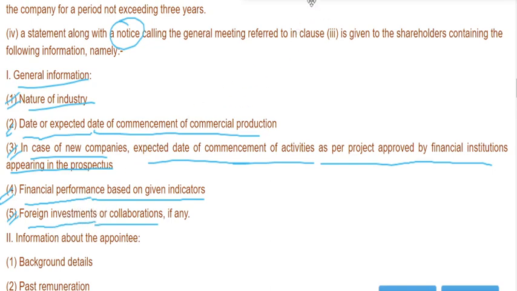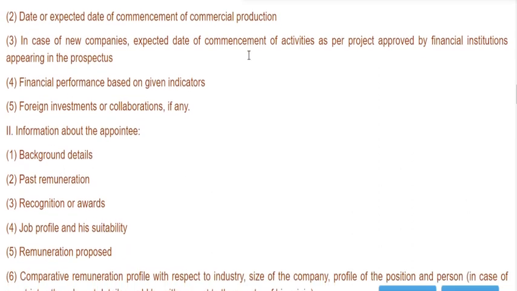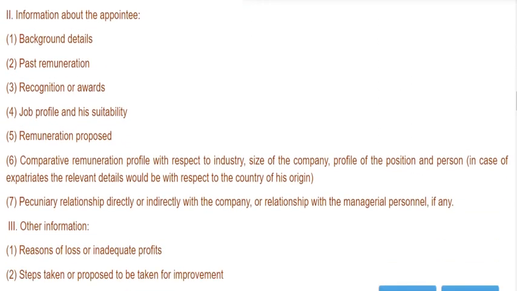Information about the appointee: background details, past remuneration, recognition or rewards, job profile, his suitability, remuneration proposed, comparative remuneration profile with respect to industry, size of the company, profile of the position and person.